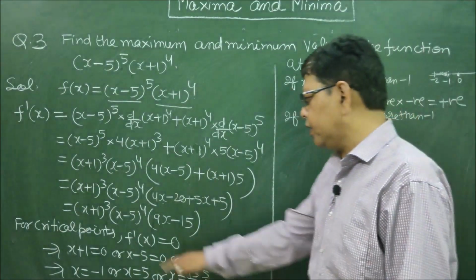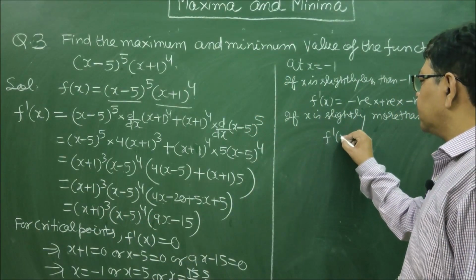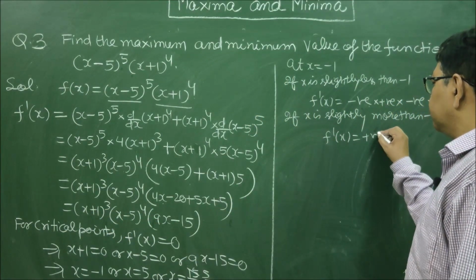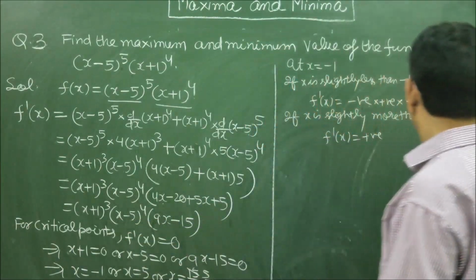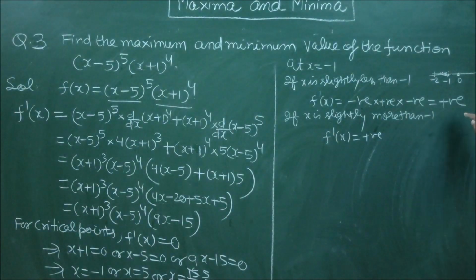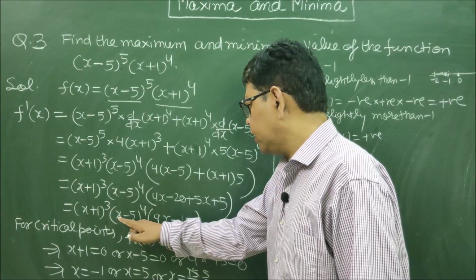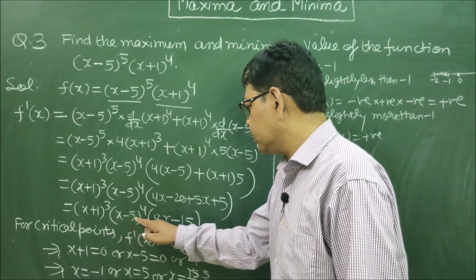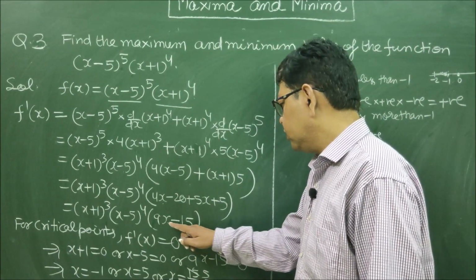If I put minus 0.9, the first factor is positive, the even power factor is positive, and the last factor is negative.